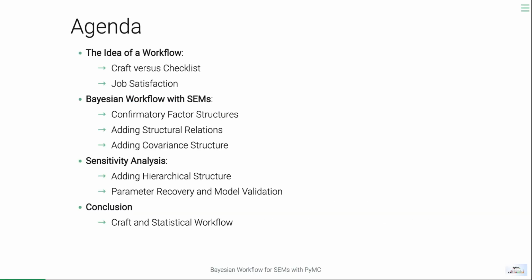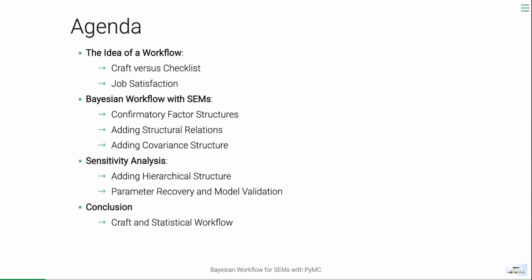So the agenda for the talk will be broadly as follows. I'm going to introduce opposing views of statistical workflow, somewhat caricatured, with a good guy and a bad guy. Then I'll talk a little bit about the job satisfaction data we're going to explore. And then I'm going to step through what the contemporary Bayesian workflow looks like when applied to a structural equation modeling problem.